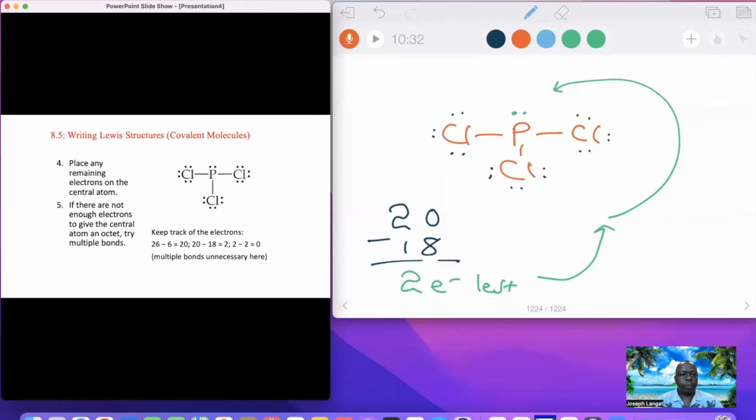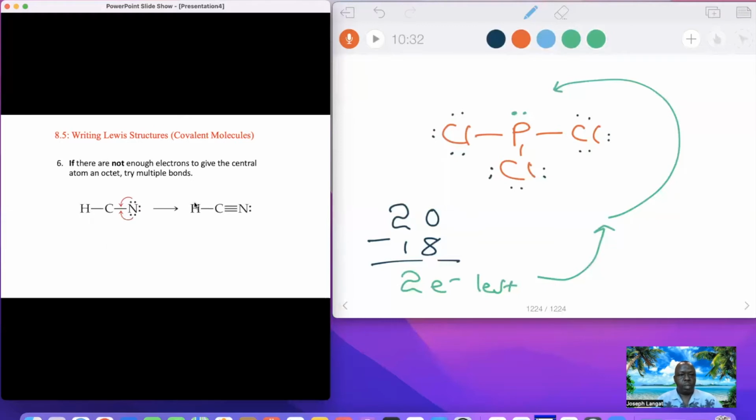We'll see later on how to generate a double bond or triple bond. If there is nothing left, make sure that each atom satisfies the octet rule. And the way it is, there's nothing left. Each atom in this molecule satisfies the octet rule, and this is the Lewis structure.